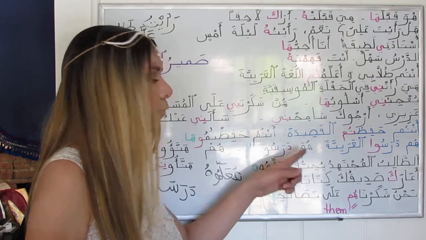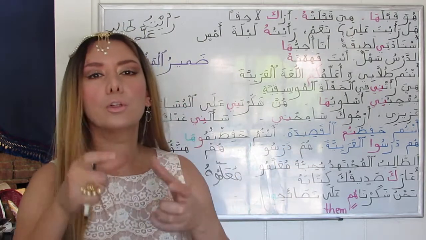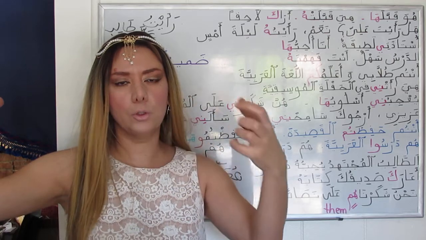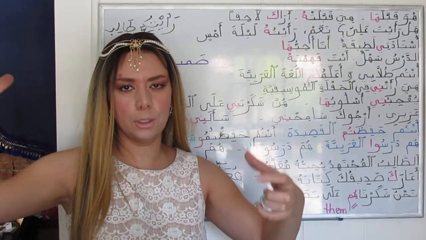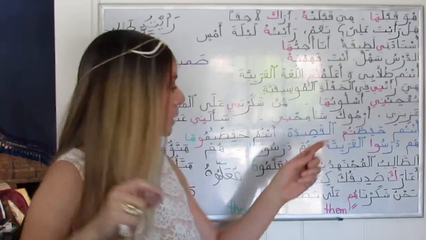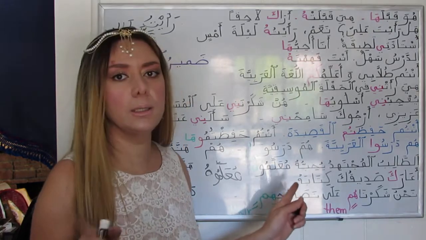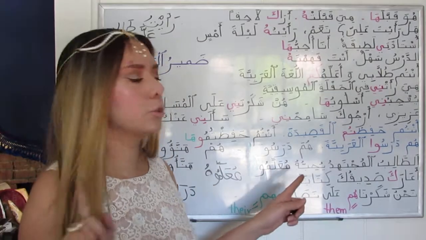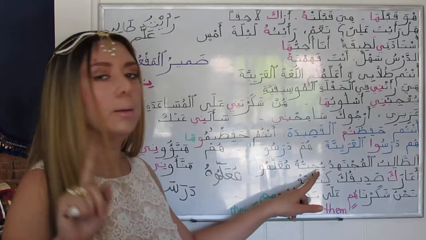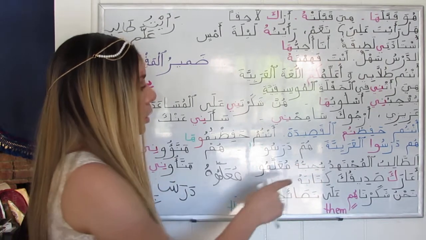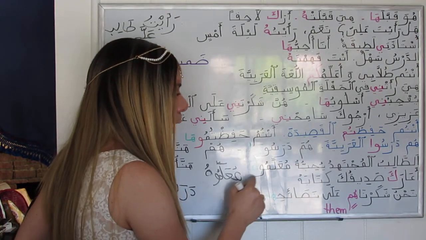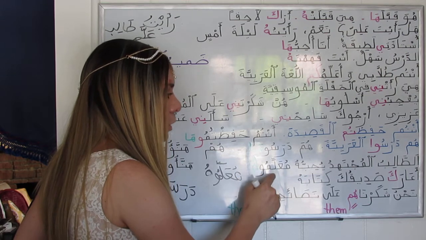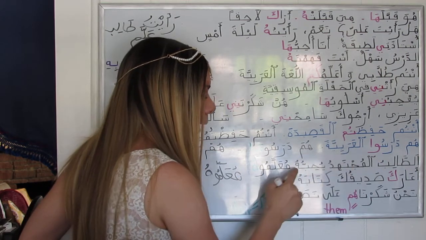If it was before, as you remember, plural subjects placed before the conjugated verb have to match in number. But here, because it comes after, you don't need to. It will be singular, masculine. So, يحبه معلموه. His teachers love him.